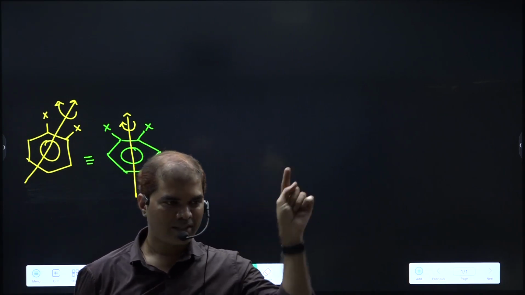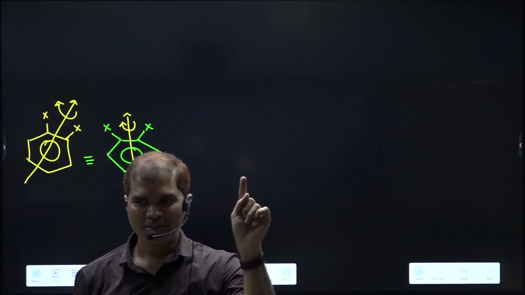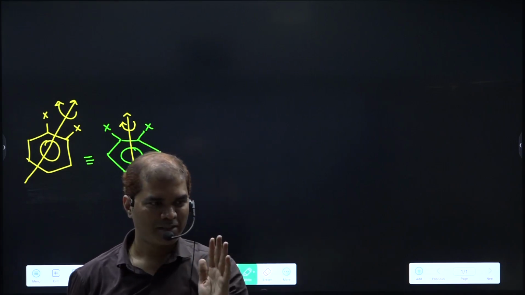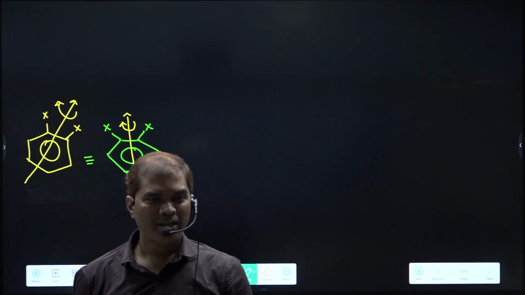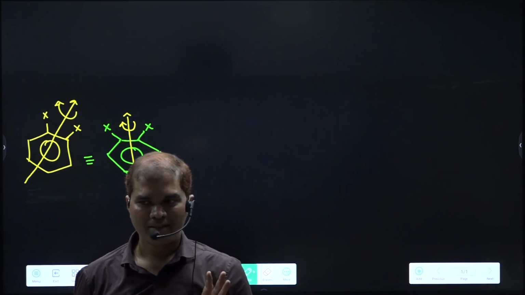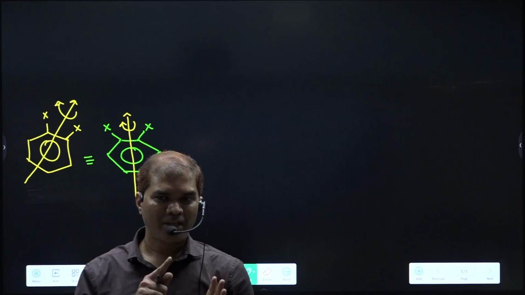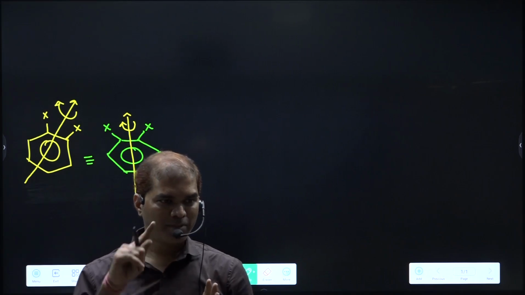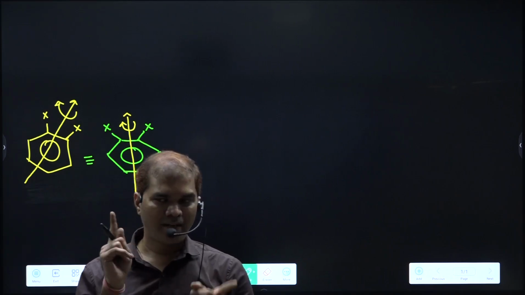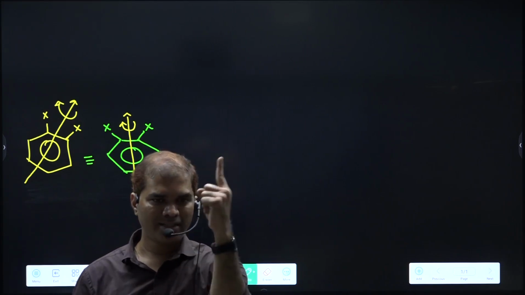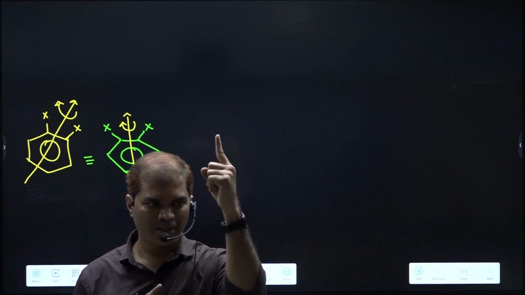Anywhere did you see that axis moving here and there? No. Have you seen a plane moving here and there? So every symmetry element is purely imaginary. Very important point. Every symmetry element or every symmetry operation is purely imaginary. I have to imagine that an axis is passing through the oxygen of water molecule.